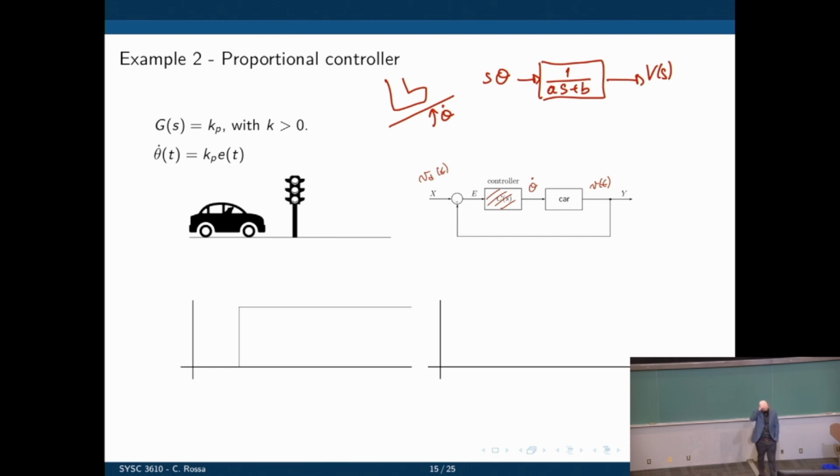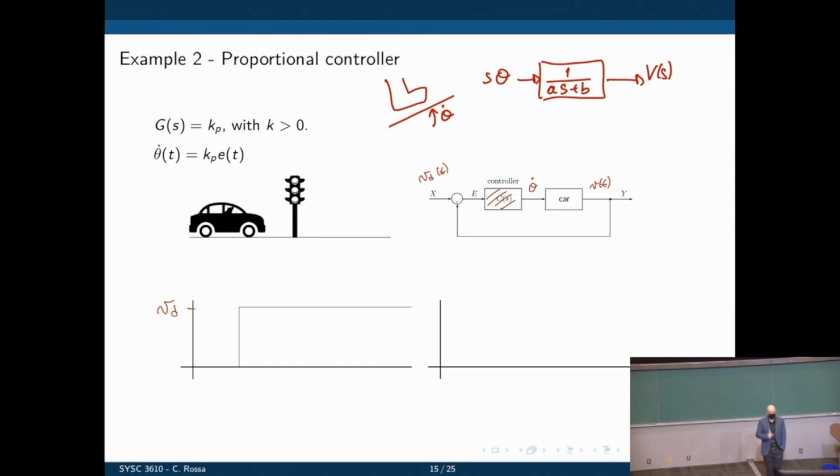So let's give this example here. We are at a traffic light waiting. The desired speed is 0. Once the traffic light turns green, we want to reach a certain speed and go at that speed. Let's say that's the speed limit, so it wants to go at a desired speed, Vd.